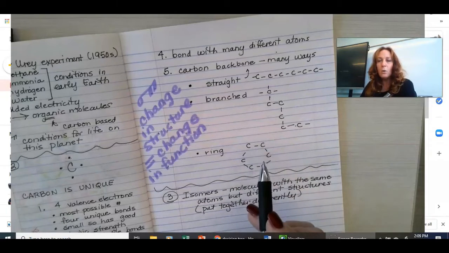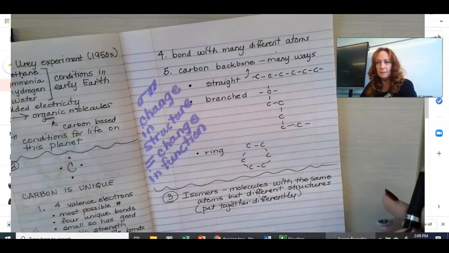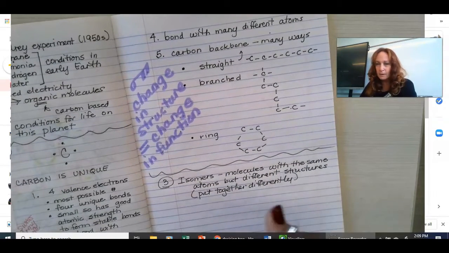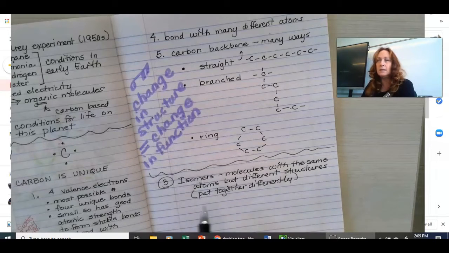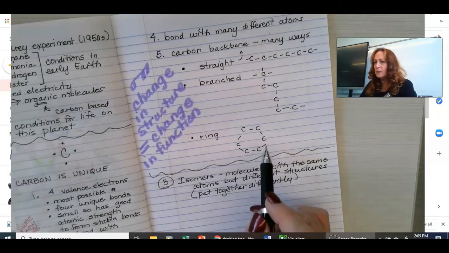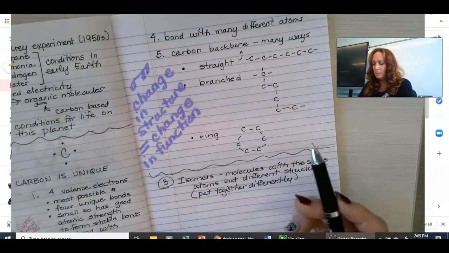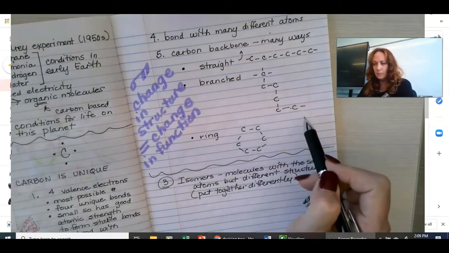So it's always going to lean toward the most stable form based on the conditions it's in. So isomers are all the same atoms, C6H12O6 for glucose. Can you put all those pieces together differently? Yes, I can. Is it still glucose? Yes, it is. So we would have to preface with the reasons why they're in different forms. Aqueous, water, ring. Not aqueous, tends to be branched.